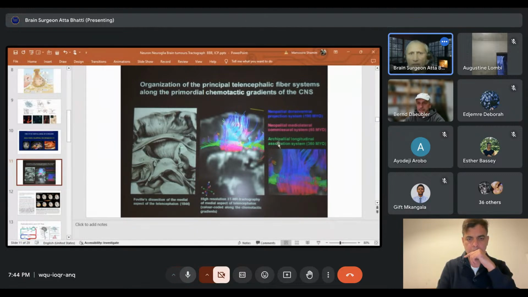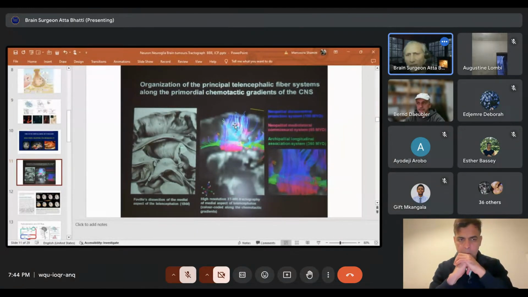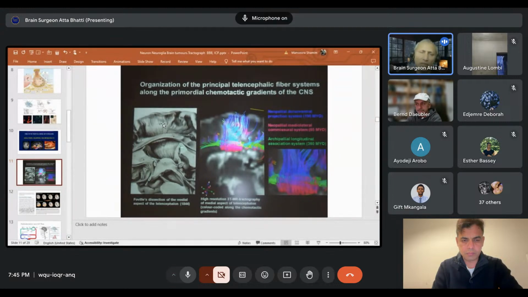So this is another fiber tracking system, and the biopsy, the cadaveric specimen, the white matter dissection material showing the corpus callosum, the commissural fibers. We also see the associated U fibers between the parts of the frontal brain, the small associated fibers.